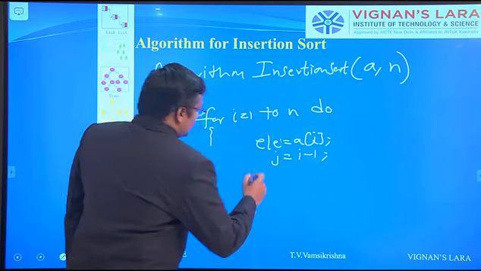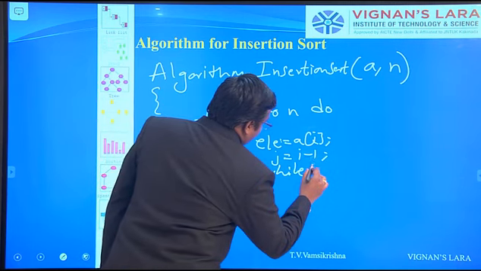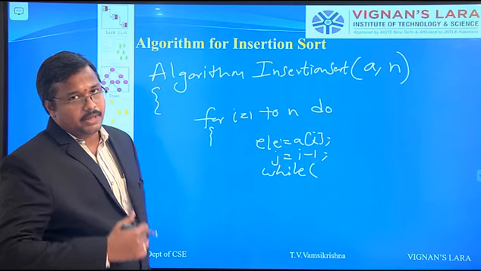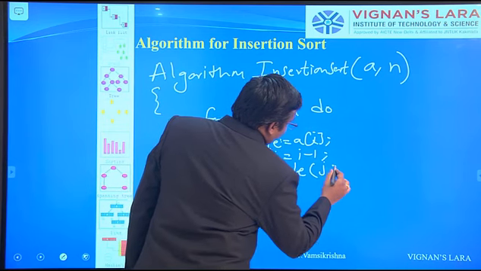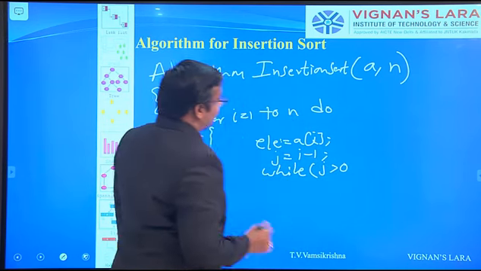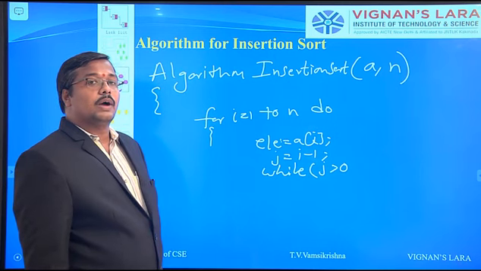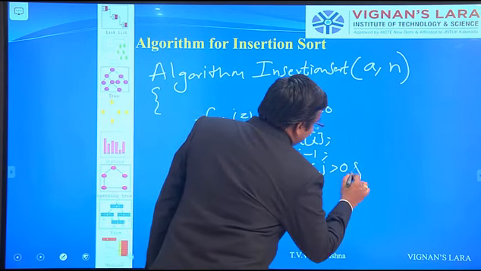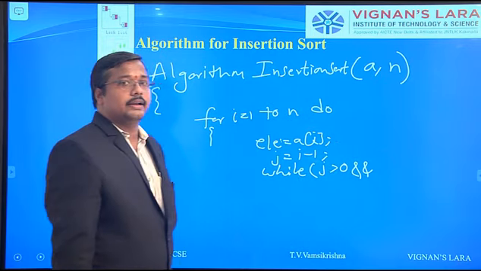Here we are doing a sequence of comparisons, so the value j should be greater than 0 when I takes 1, and logical and. So if the condition is true, then only we enter into this condition.